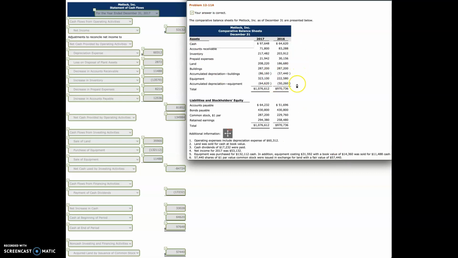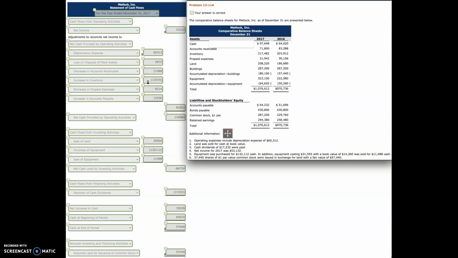So here's the balance sheet up top. We have 2 inventory numbers. I have 2117 and 203. So you just find the difference there and then plug that in. And mine was a negative number, so make sure you're either putting those in parentheses or adding a negative sign in front.